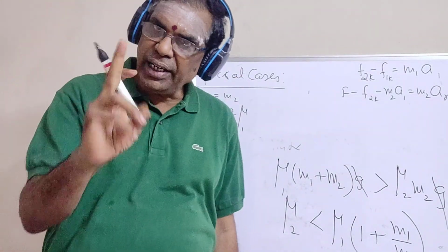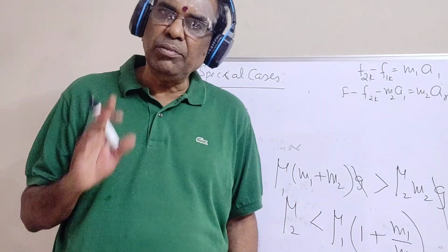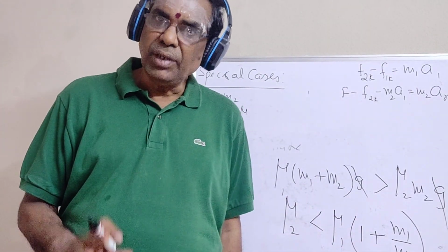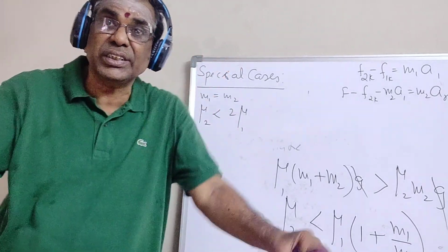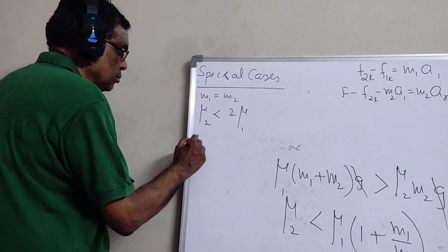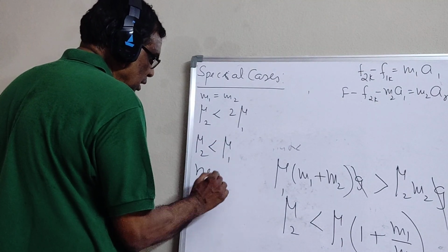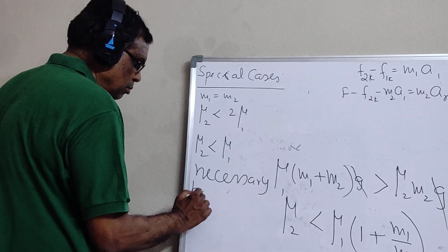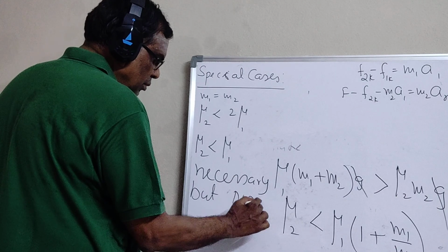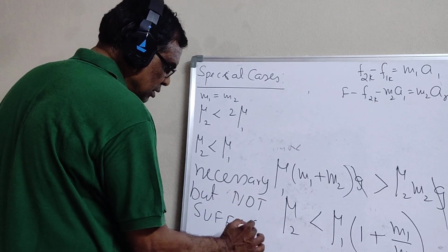So what is very important here is mu2 is less than mu1 is necessary condition but not sufficient.